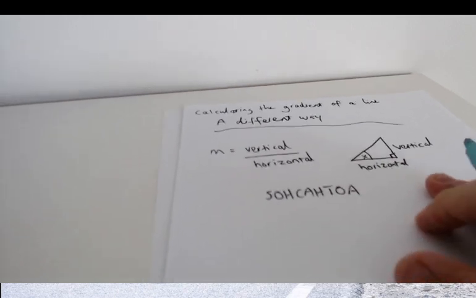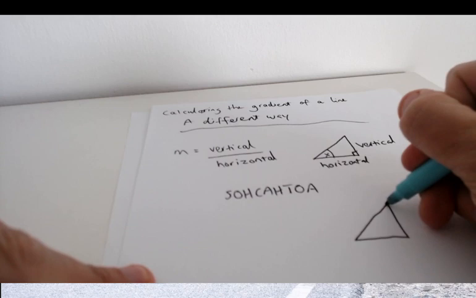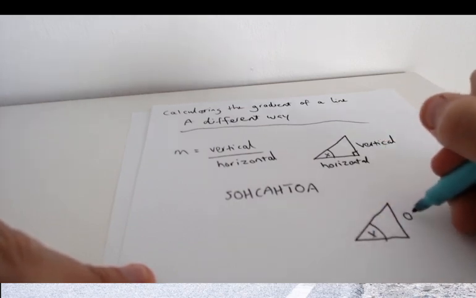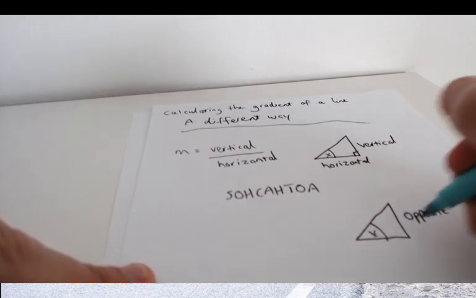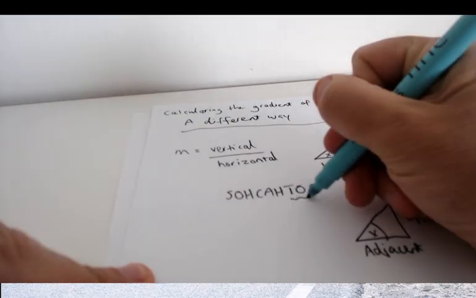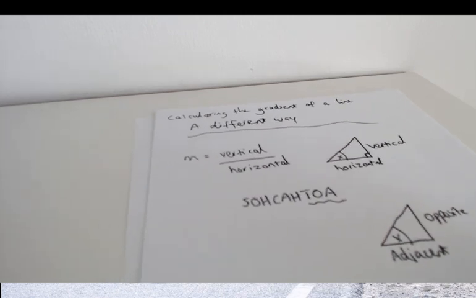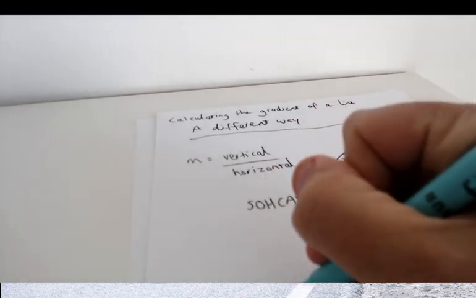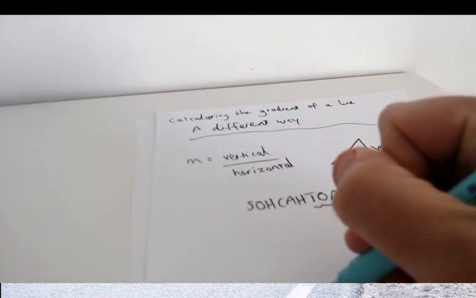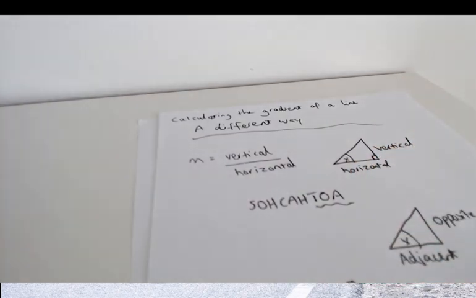It would have been called opposite and adjacent. When you use the tan ratio, you use the opposite side and the adjacent side. That looks like this for those that can't remember. Tan x degrees equals the opposite side divided by the adjacent side.